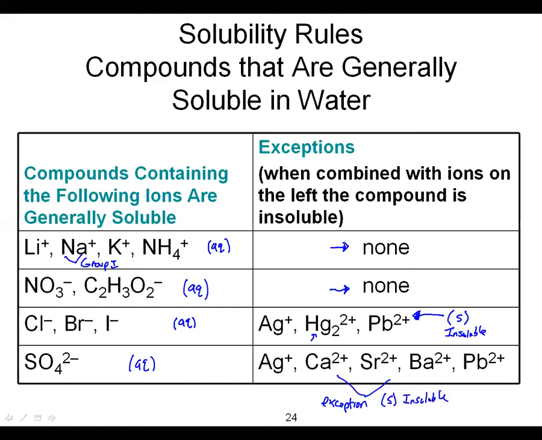So there are certain things that are soluble in everything, with no exceptions, and things that are typically soluble but have some exceptions. Any questions on how to use this part of the table before we look at things that are typically insoluble?